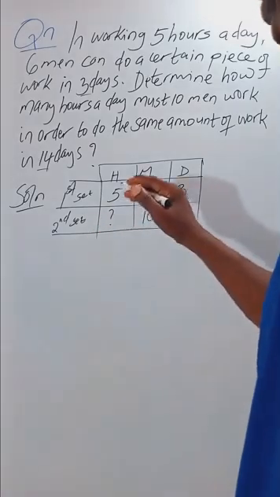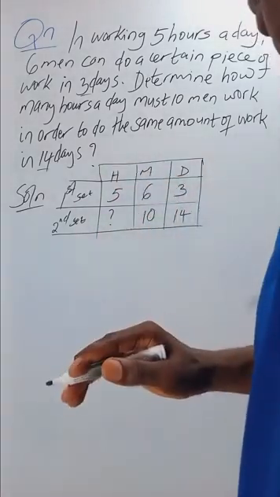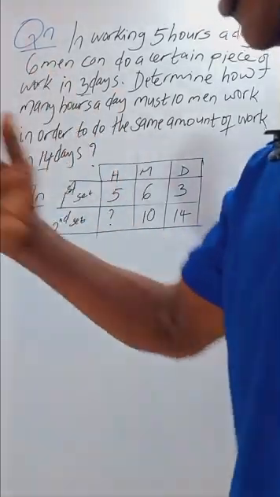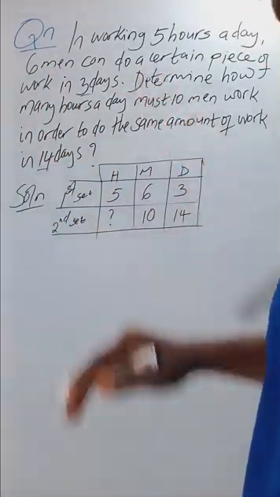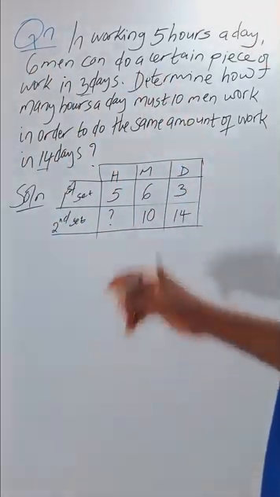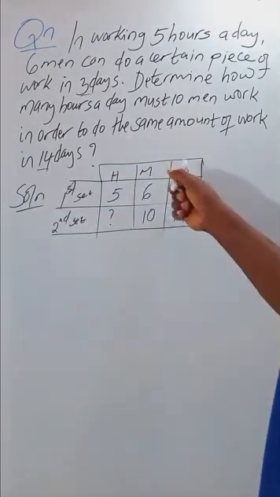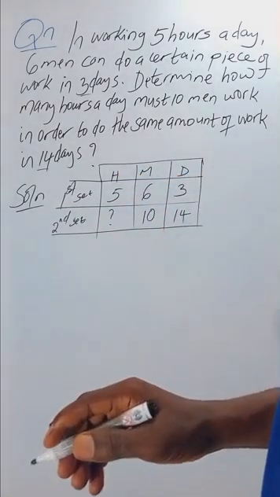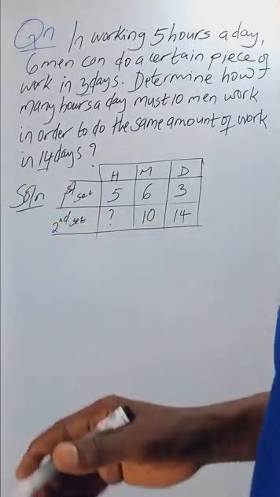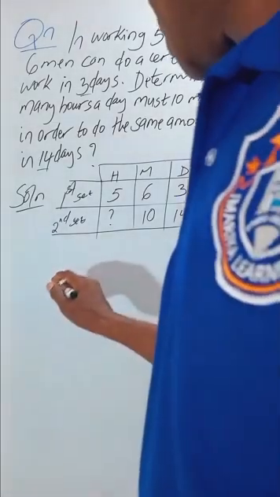Which ones are variables here? What determines what according to this given information? You realize that men are the ones which determine number of hours and the number of days. So what's the relationship between men and number of hours?